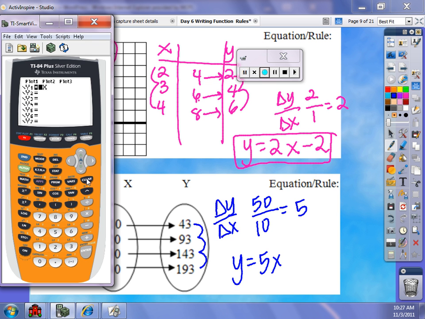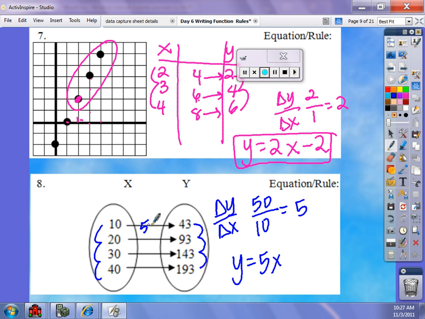Let's try it. Okay, I'm going to have my calculator start at 10. And for this problem, I'm going to have it count by tens. Okay, so 10, it's saying 50. This is saying 100. This is saying 150. And this is saying 200.